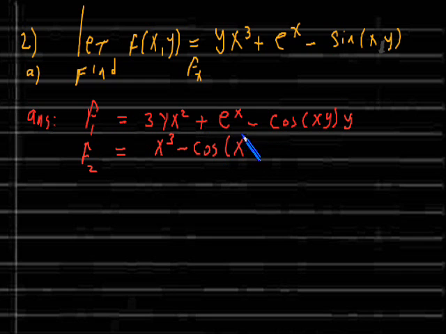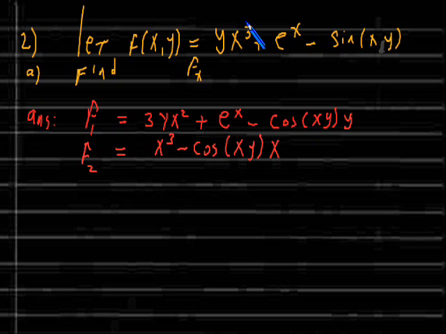Okay, so the derivative of sine is cosine, so minus cosine of x times y times the derivative of this inside here in respect to y, and that is just going to be x.